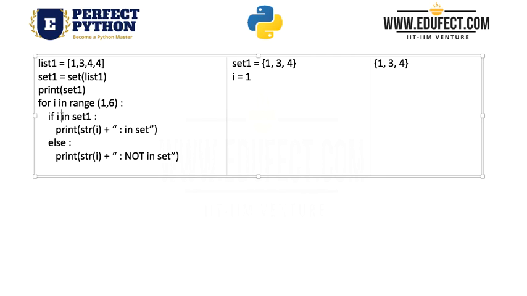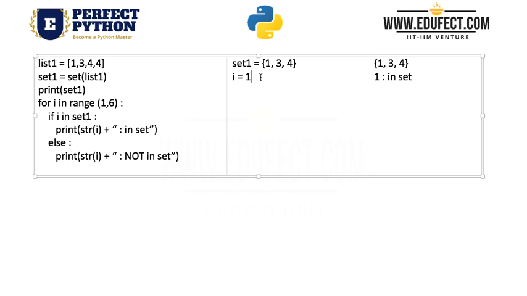Now what does in do? In will return true or false depending upon whether i was there in set1 or was not there in set1. So when i is 1 and we check i in set1, is 1 there in set1? Yes, so it is true. So it will print str(i) plus " in set". What will get printed is 1 in set.